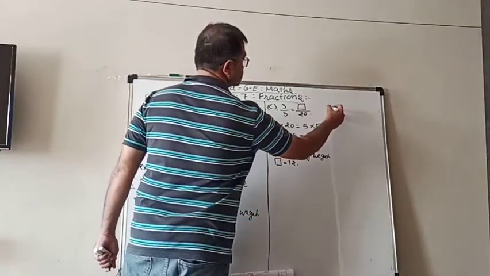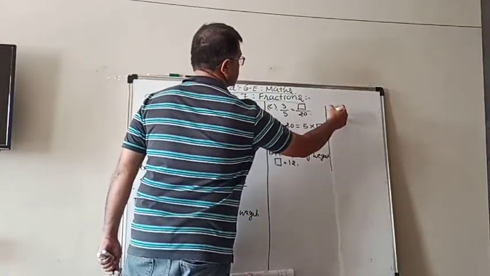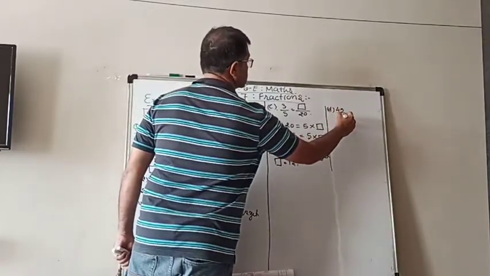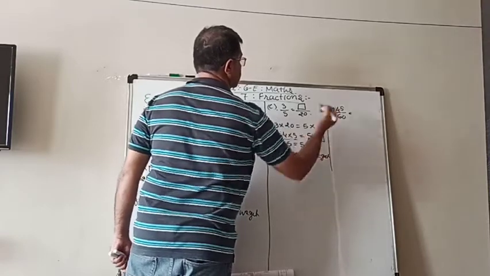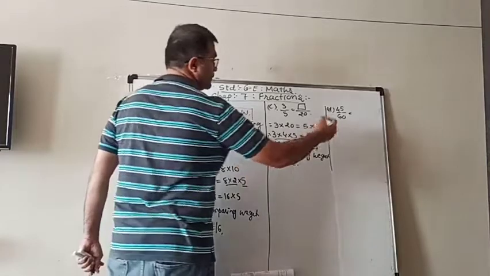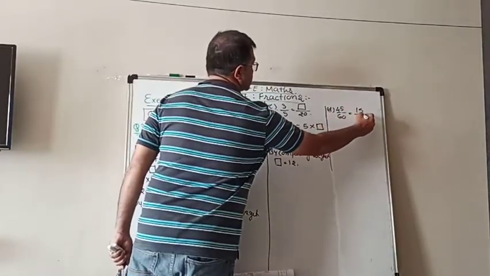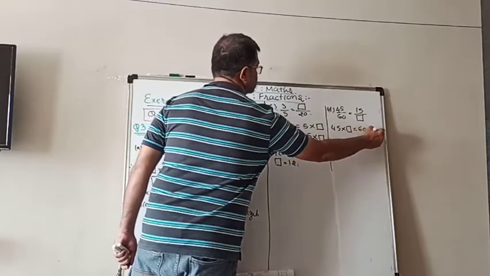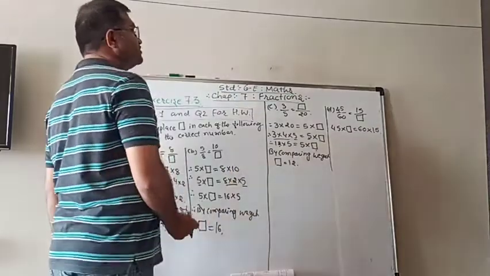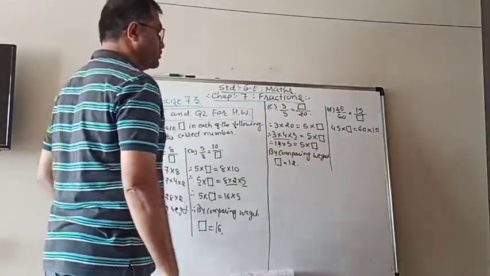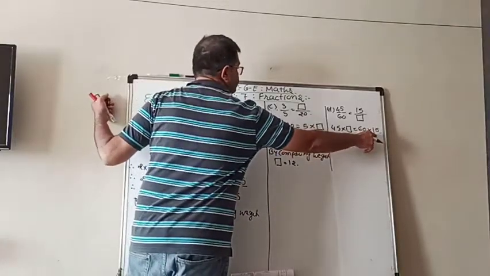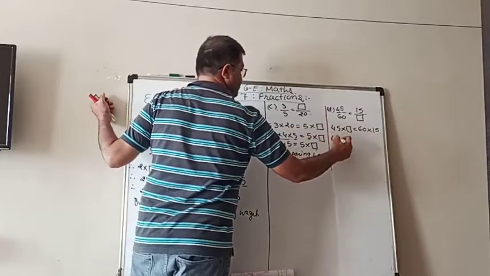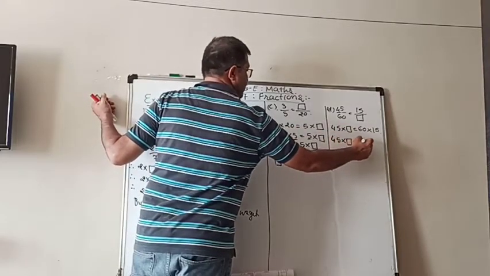D. 45 upon 60 is equal to 15 upon box. So 45 multiplied by box, 60 multiplied by 15. Now we know that 15 threes are 45. So 60 will be split as 20 threes are 60.